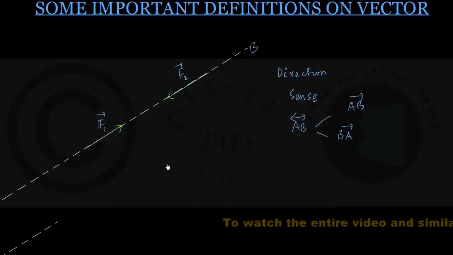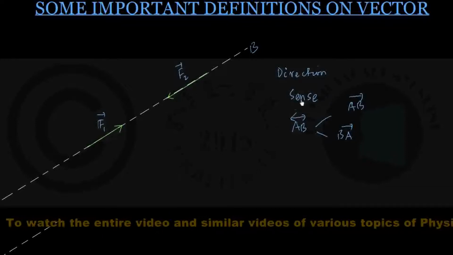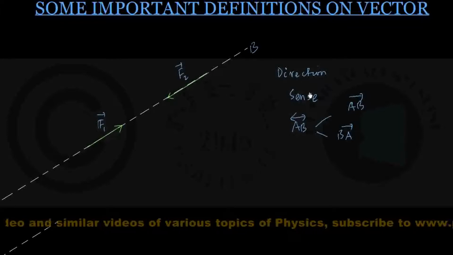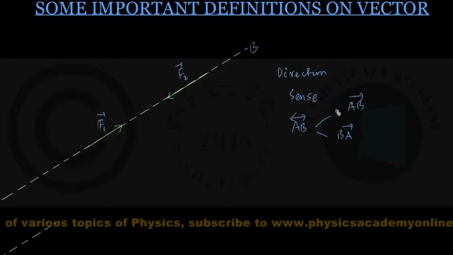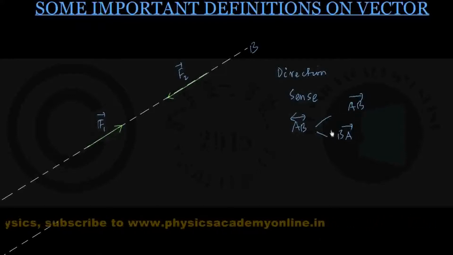Although in general practice, usually in writing, we don't make the distinction, and whenever you use the word sense or direction, it might mean both. Almost all the time you say direction is from A towards B or direction is from B towards A, and in that case direction and sense have the same meaning.